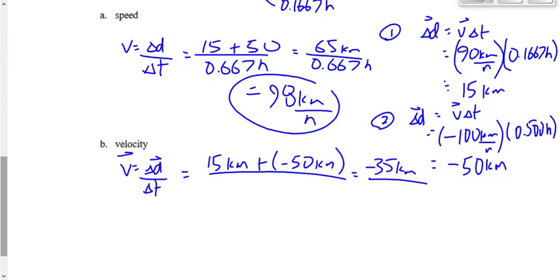Divided by the time, well, the time is still 0.667 hours. We got negative 35 divided by 0.667. 52. Negative 52 kilometers per hour.